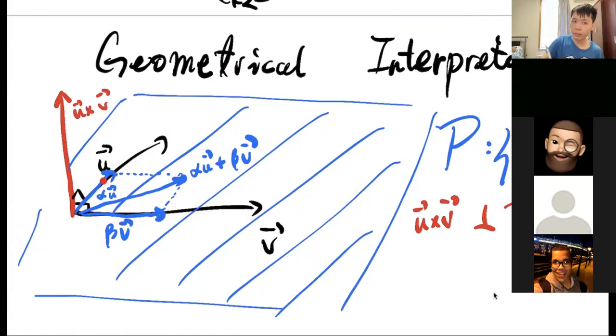This is a very important part to begin with. You good? Right. From here, there is also a parallelogram.